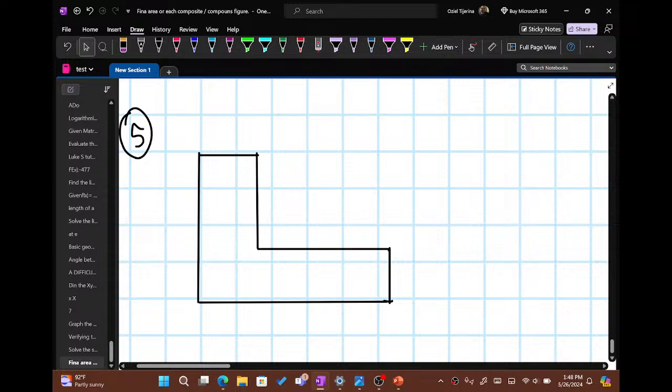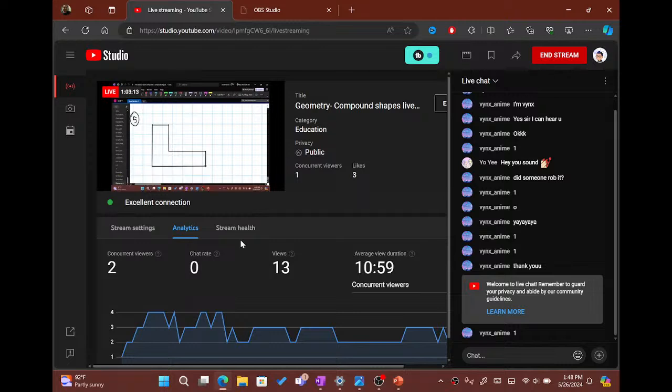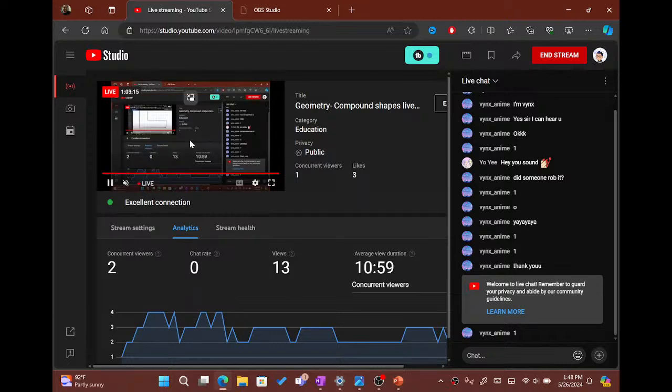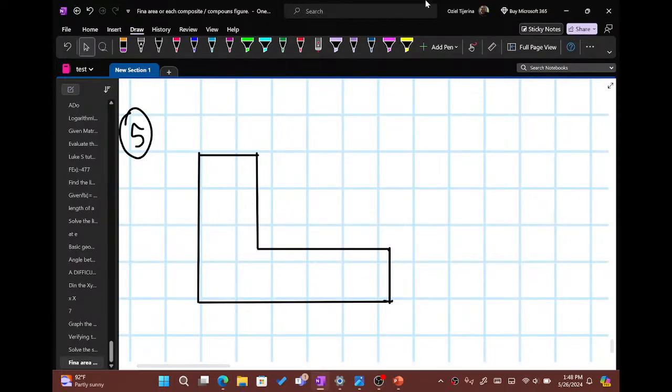Alright. Now, what we're given is, so we're given the following, right? I don't know why it keeps doing that. Every single time I put the OneNote, it's always doing that.